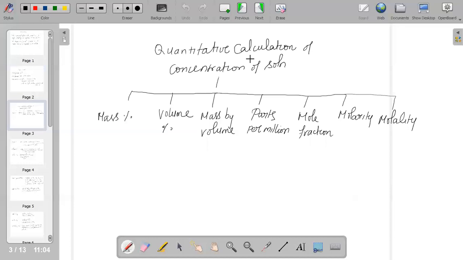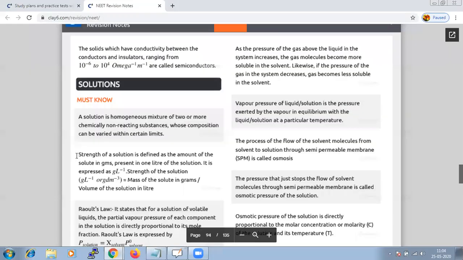When we say concentration, we start talking about strength of the solution, which is defined as the amount of solute in grams present in 1 liter of the solution. It is expressed as gram per liter.